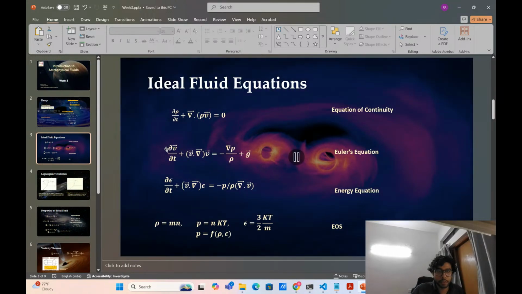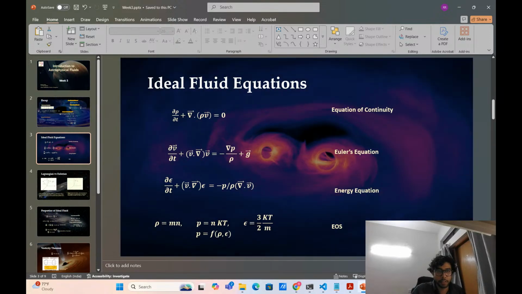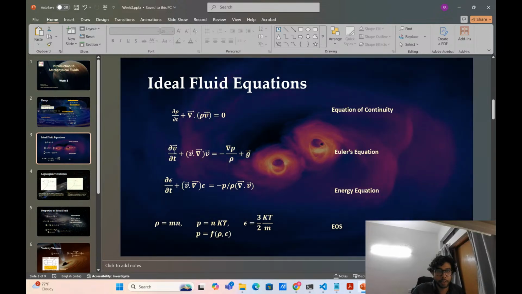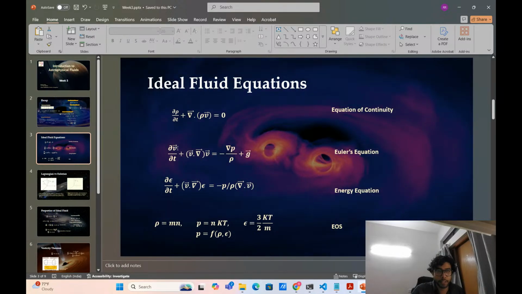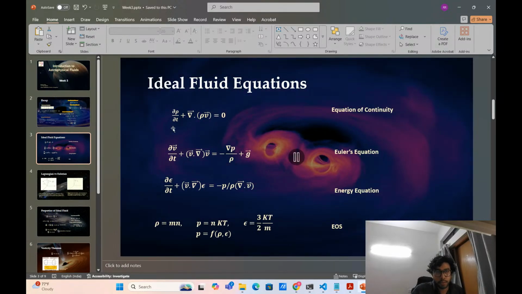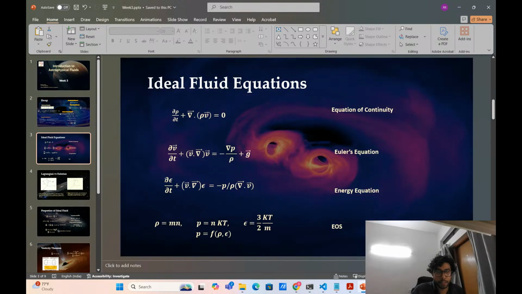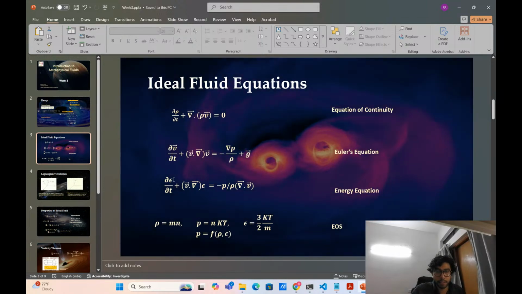You can decompose it into three different equations, for del Vx, del Vy, del Vz. So you have 1 plus 3, 4, plus 1 for epsilon, which is a scalar, the internal energy.